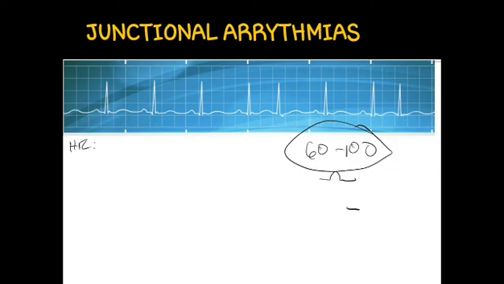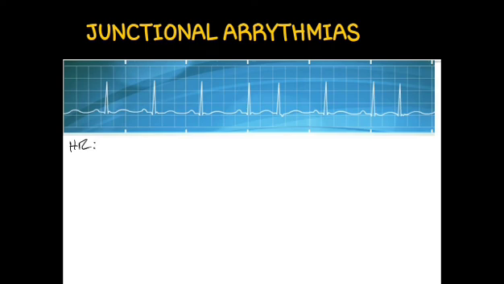So in the absence of your P wave, or if the P wave is inverted and the rate is within 40 to 60, then possibly we are having a junctional rhythm or a junctional problem. Okay, so let's take note of this arrhythmia.